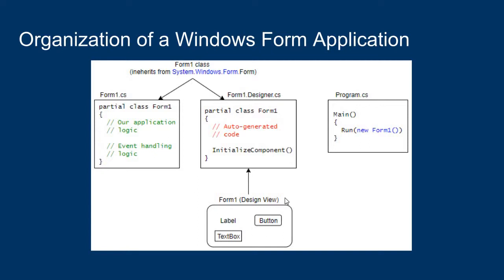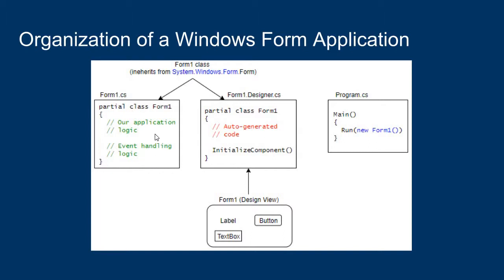Now the names of a lot of these views and class files are confusing because they use the same types of words. So let me walk through each of them. We are going to see a form1.cs file in our project. The form1.cs file is the file that contains the code that we are responsible for.